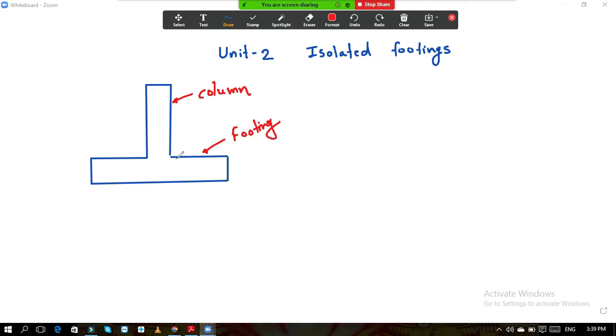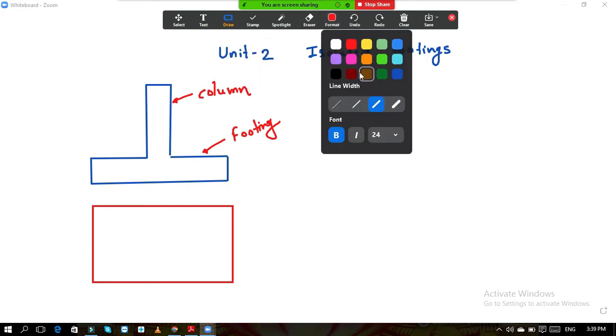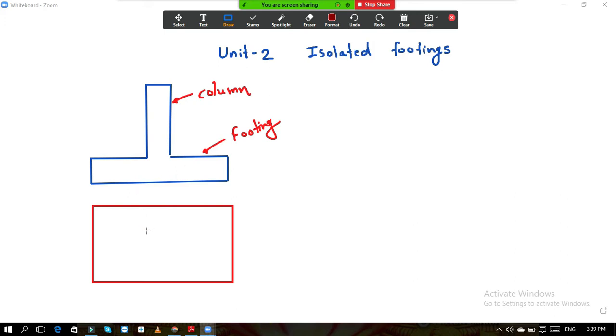This is the section, that is, the elevation. It looks like this. If you see it in the plan, if I draw the plan, then this is the footing which we will see in this way, and the column, whether it is a square column or a rectangular column, it doesn't matter, but in plan it will look like this.